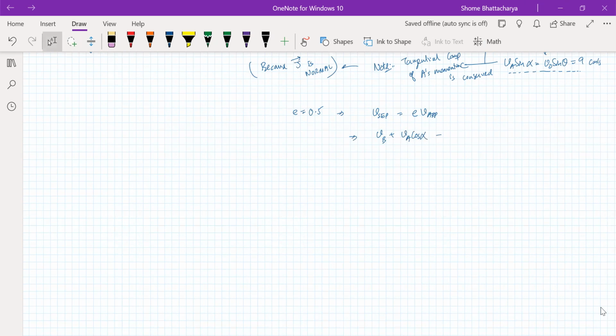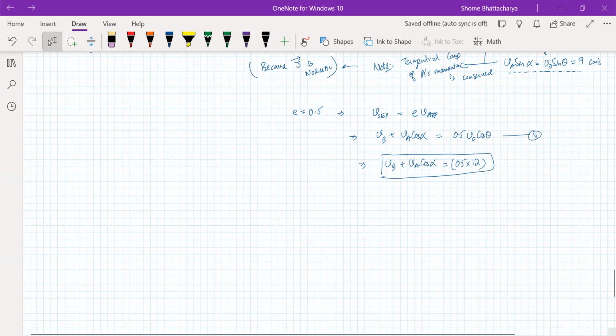So this term should be equal to 0.5 times V naught cos theta. So we have VB plus VA cos alpha is equal to 0.5 into 12. This is our third equation.